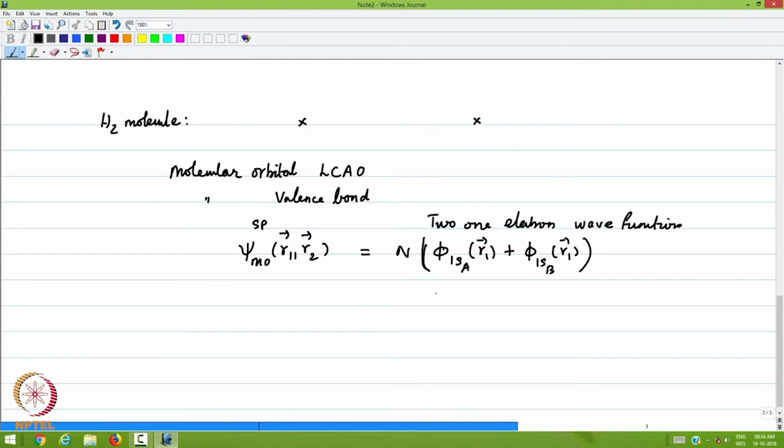This is the bonding molecular orbital wave function, if you remember, for the H2 plus electron.